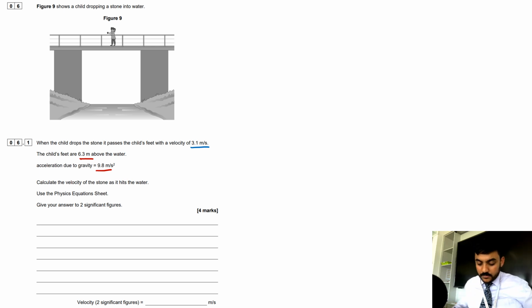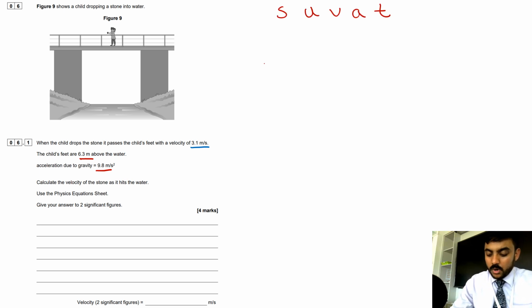Interesting. So this is a SUVAT equation, as we might say. SUVAT. Okay. All of those symbols, you need to know what they mean. S is displacement, U is initial velocity, V is final velocity, A is acceleration, and T is time. Okay, and in this question, we are asked to find the final velocity. This is what we're trying to find.